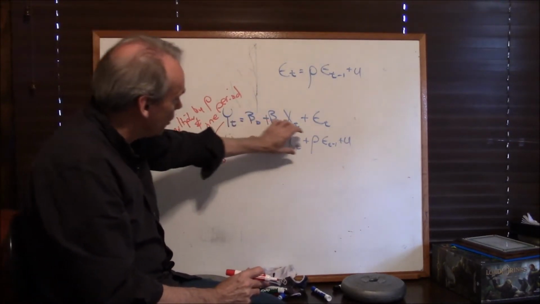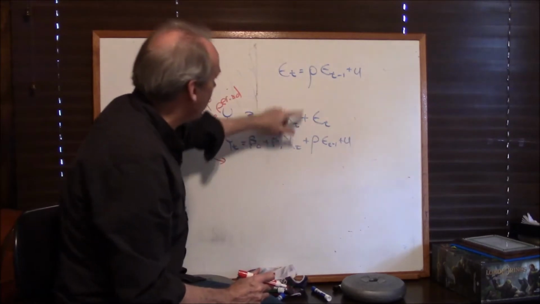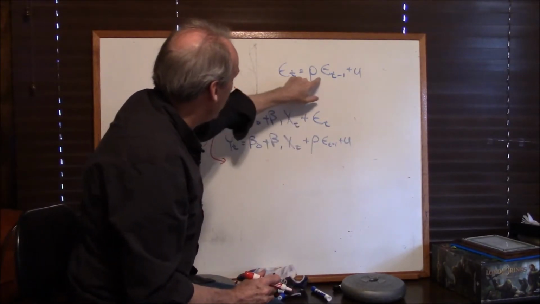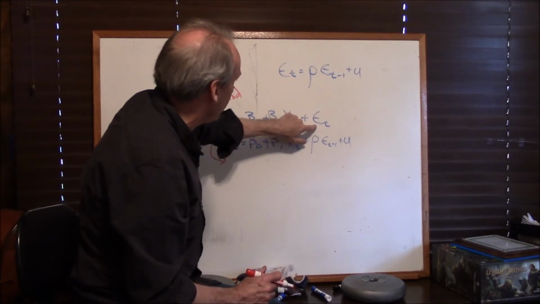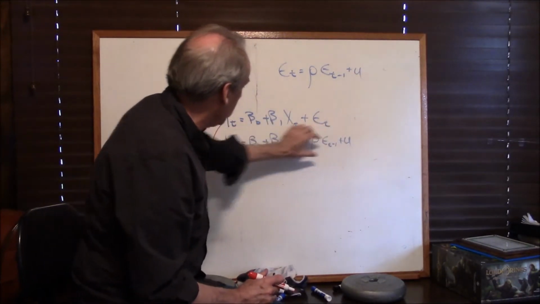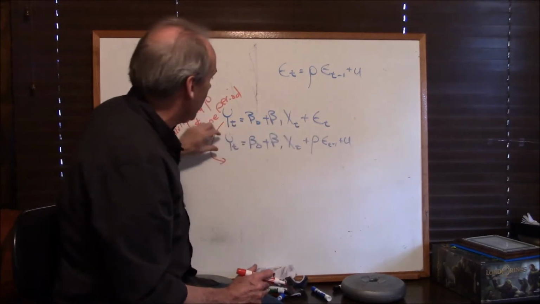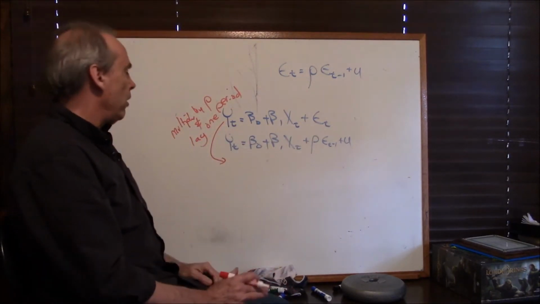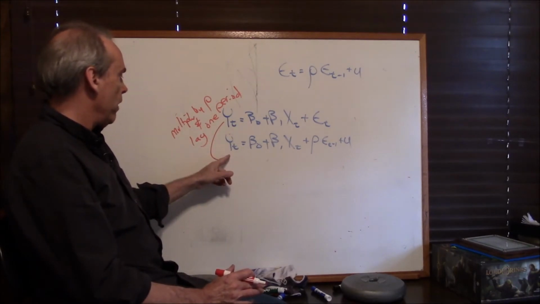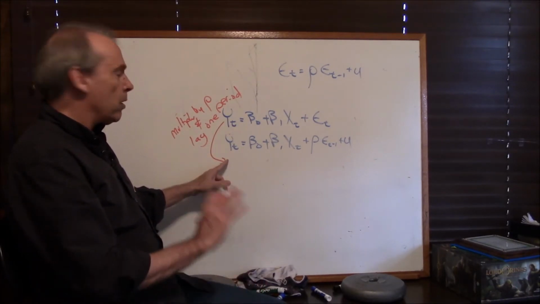I'm not manipulating the second one. All we've done is substituted in rho e sub t minus 1 plus the random error term for that e sub t. So this is the proper form, or the more explicit form, if you will, that's showing the actual first order serial correlation. And so down here, I'm going to do something completely different.